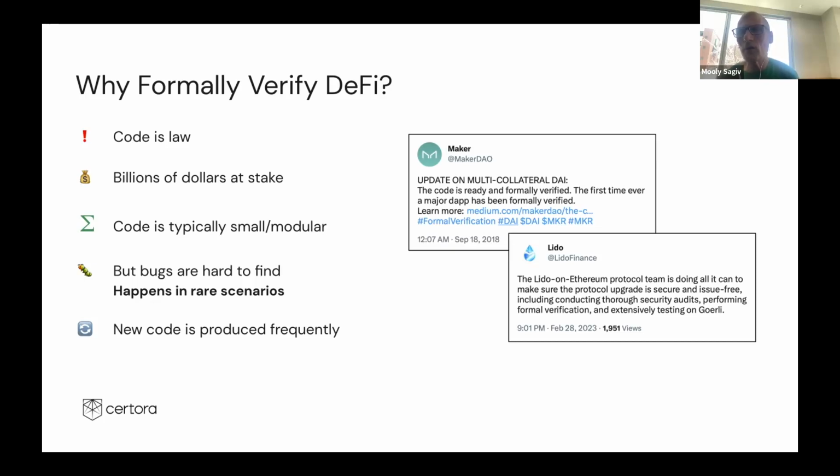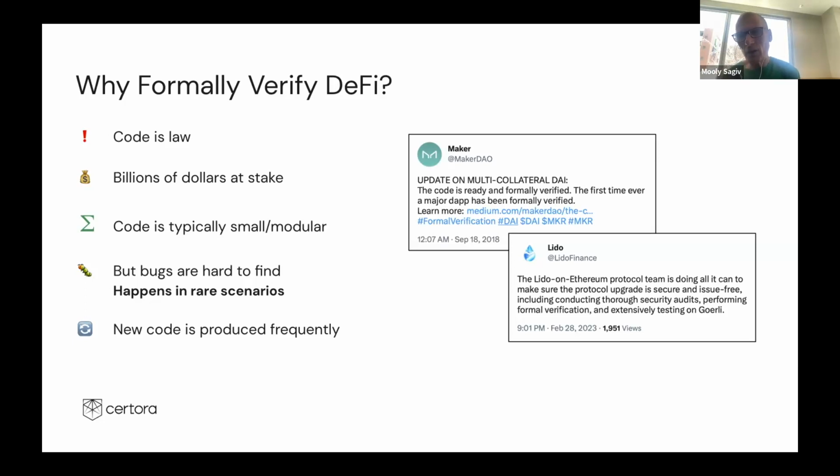It's not a huge spaghetti code. Still, it's very interesting because traditional testing has a hard time finding some of these bugs. We are talking about event-driven programs, where one behavior depends on another, and they call each other. This is what makes formal verification more interesting in this domain. And perhaps last but not least, the code is frequently changed. The business pressure and the fact that you have bugs cause people to write new and new code.